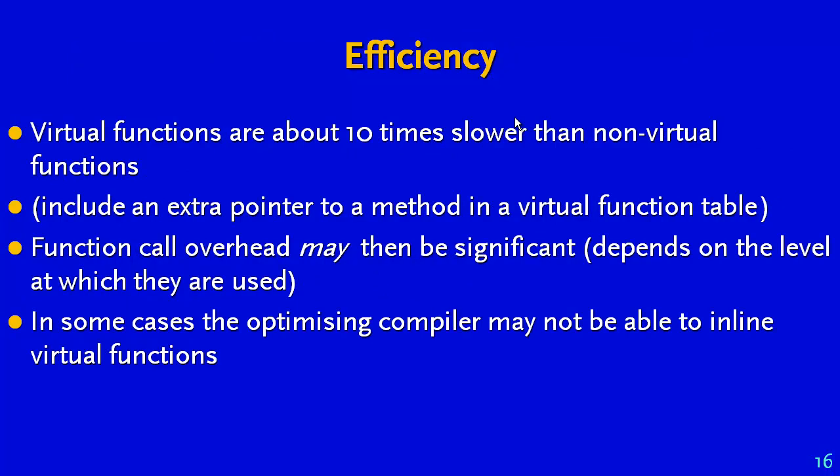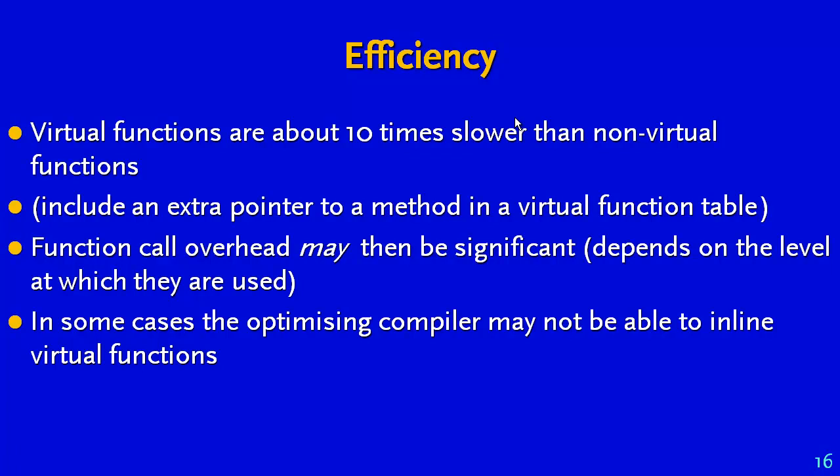Okay, one of the issues is efficiency. As I've said, virtual functions are about 10 times slower than non-virtual functions. It depends on the relative times it takes to call the function and actually execute the function. If it's a big algorithm, it doesn't really make any difference. But the reason for virtual functions being less efficient is that you've got an extra pointer to a method in the virtual function table at runtime, so it has to be searched for.